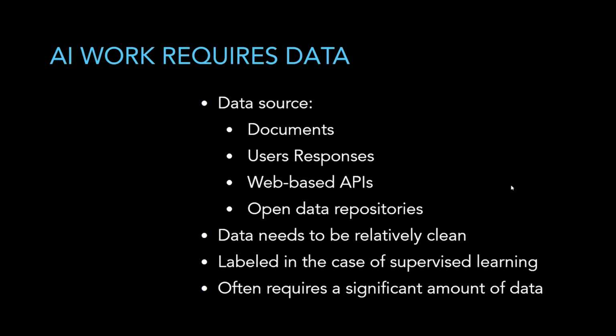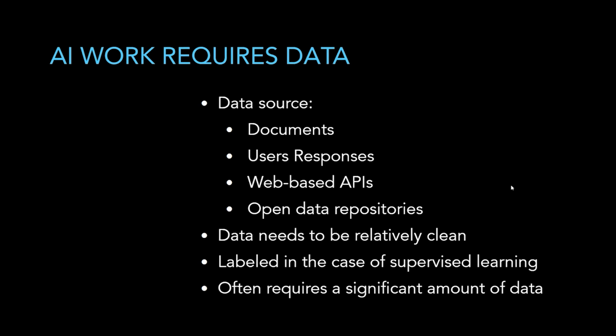One of the important aspects of working with data for AI or computational uses is that this data needs to be relatively clean, meaning that it follows a relatively standardized format. In the case of supervised learning based AI approaches, this data, as we saw, also needs to be labeled. Particularly for AI solutions, it's often helpful to have a significant volume of data as well. So the more data you have, the better the algorithms can learn from it.